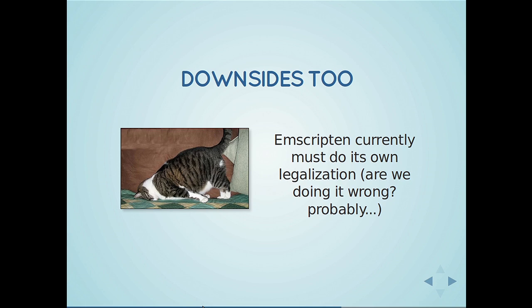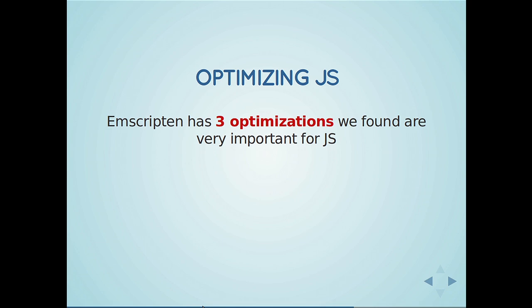So we basically need to do ourselves what the shared backend infrastructure can do. So for example, when we run into something that we can't directly translate to JavaScript, we need to legalize it in our code. We can't use the legalizer that LLVM's backends do. So it feels like we're doing something wrong when we're doing that, but in the architecture that we have, that's sort of what we end up doing. So perhaps we should be doing things slightly differently.